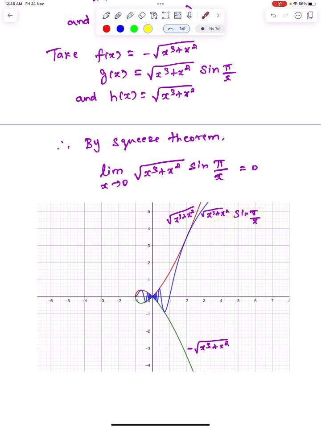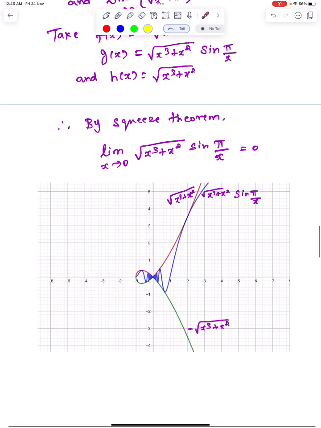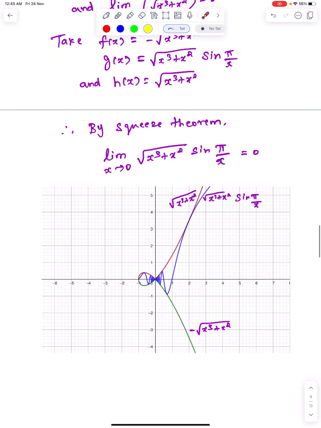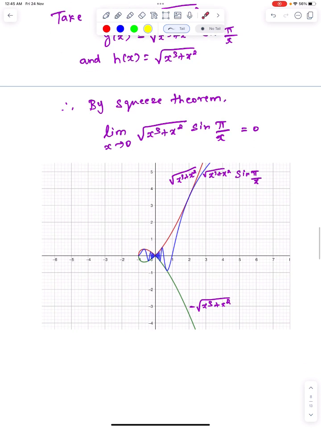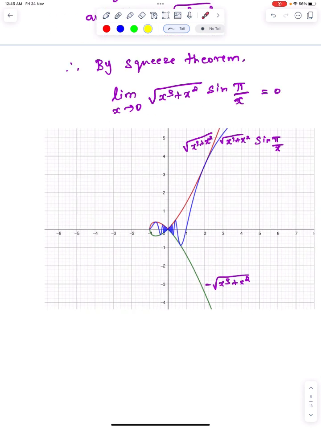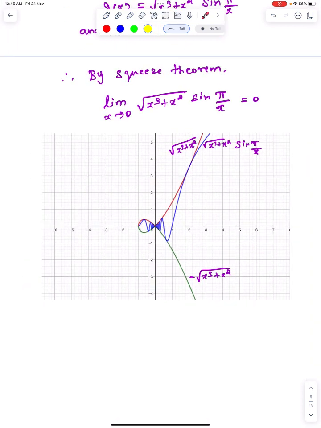All these three converge at a point which is 0 because it is at the origin. I hope this gives you an idea about how to apply the squeeze theorem to show the limit for the function given here, right?